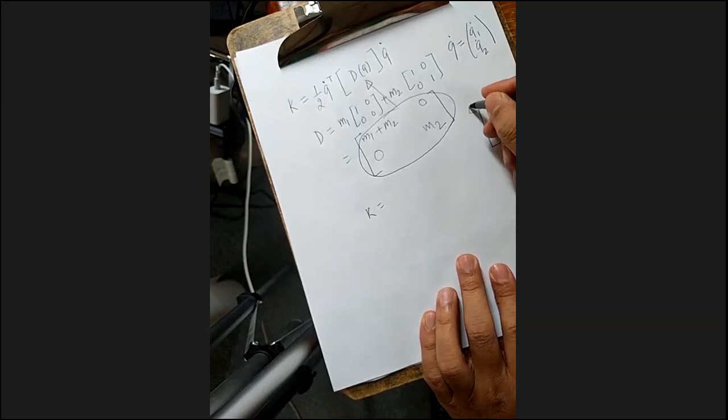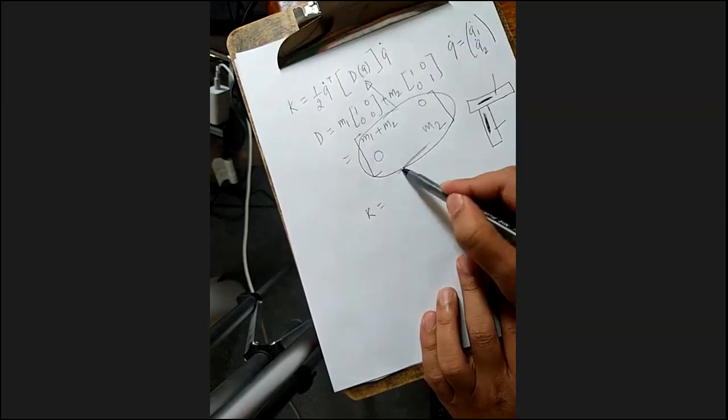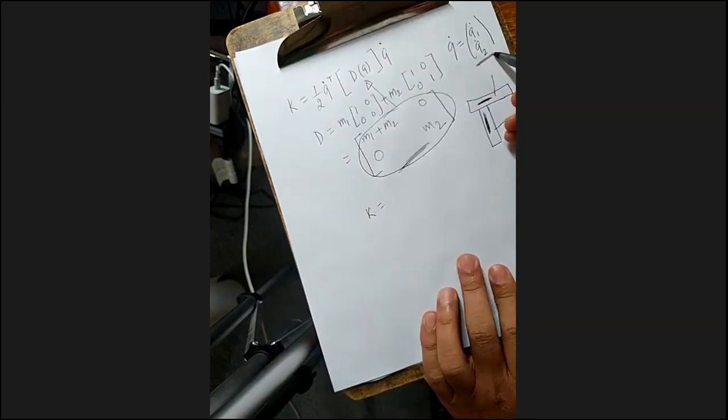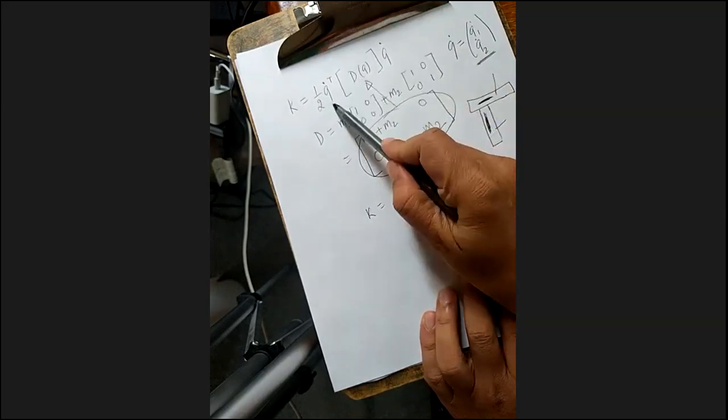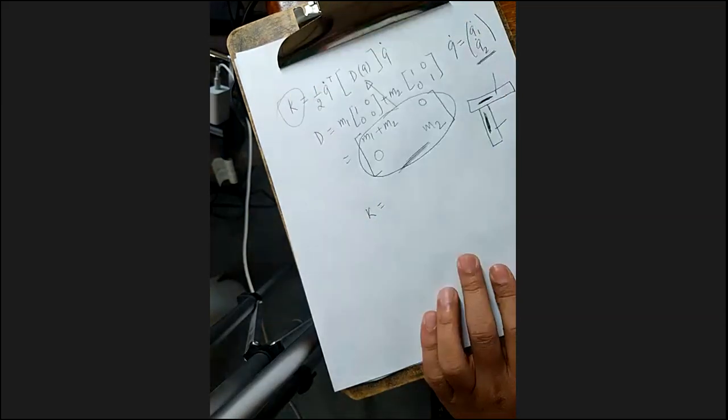This slides along this and this slides along this, so that's why we had Q1 dot for this one and Q2 dot for this one. So this is my Q dot matrix, then you have the D matrix, and the transpose of Q dot. If you multiply all three matrices, Q dot matrix, D matrix, and Q dot transpose, and divide by 2, you get the kinetic energy. That's what we did last time.